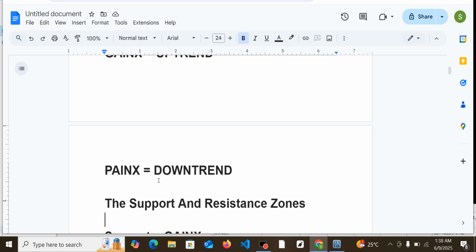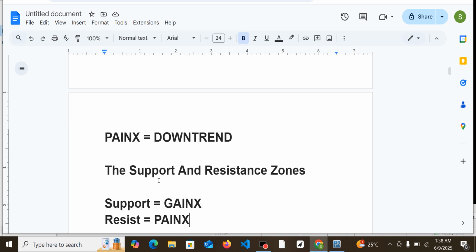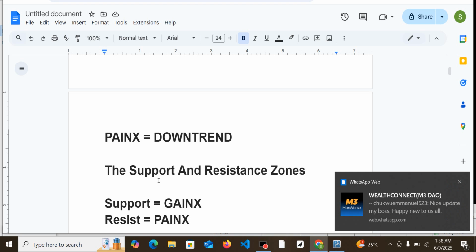I'm just going to go through this briefly so that you will have a better understanding of this. For GainX, the spikes usually happen around the support region or support zones, while for PainX, the spikes usually happen around the resistance zone. That is why it is important you know the right trend to trade it.